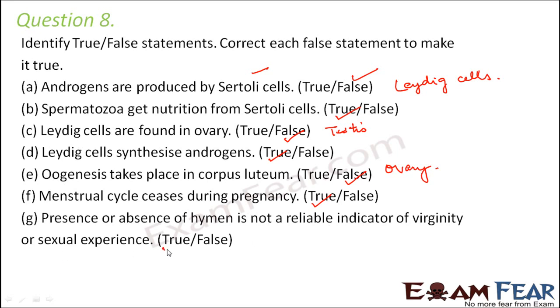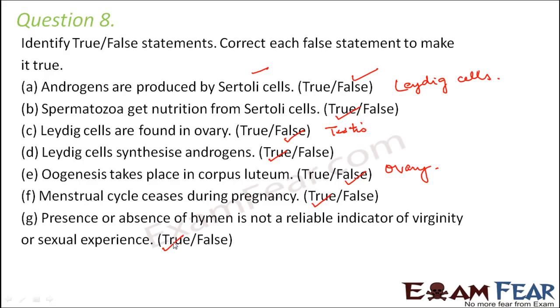Yes, absolutely. That's because hymen is just a partial covering of the vaginal opening. It is not necessary that it gets broken only during a sexual experience. It is also possible that if somebody is performing some heavy exercise, running, jumping, or doing some sort of physical activity, the hymen may break. So it is not a very reliable indicator to prove virginity.